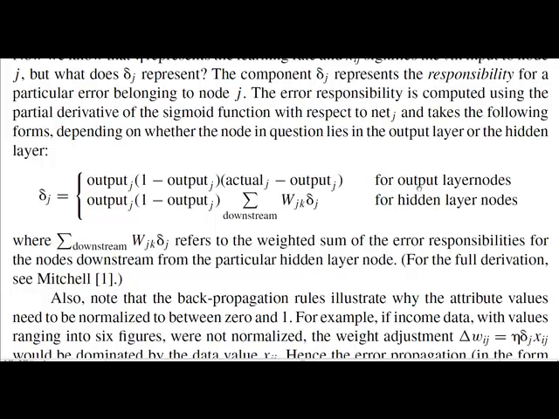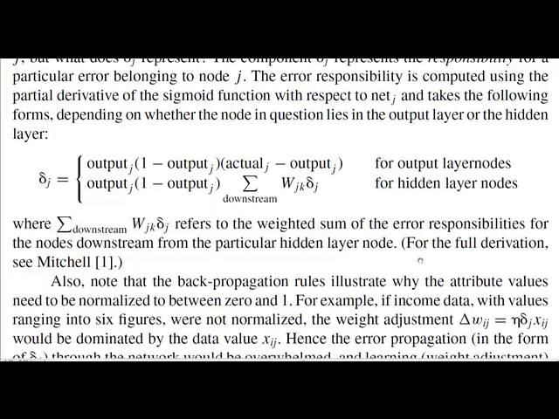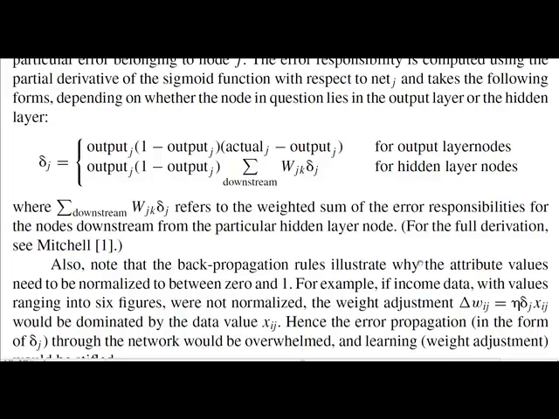So if it's in the output layer, you use this formula for delta sub j, and if it's in the hidden layer, you use this formula for delta sub j. That's all I'm going to say about this because I don't really get it, and I haven't looked at that reference. Where this refers to the weighted sum for the error responsibilities. Okay, anyway, I'm going to leave that, and if anybody can explain it in the comments, we'd like to hear it.